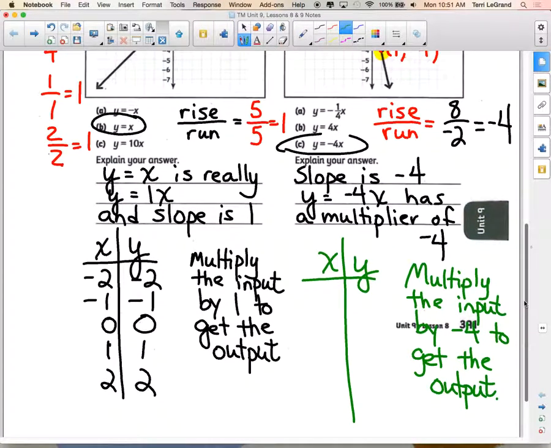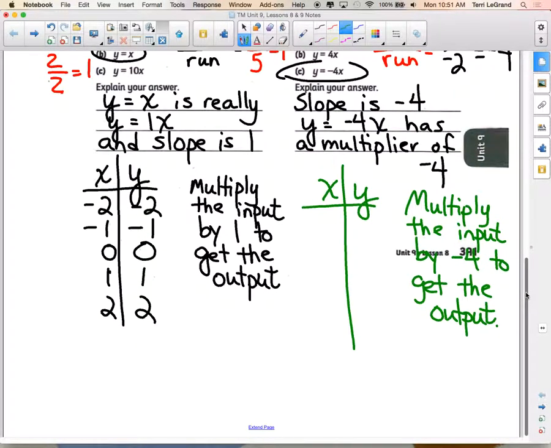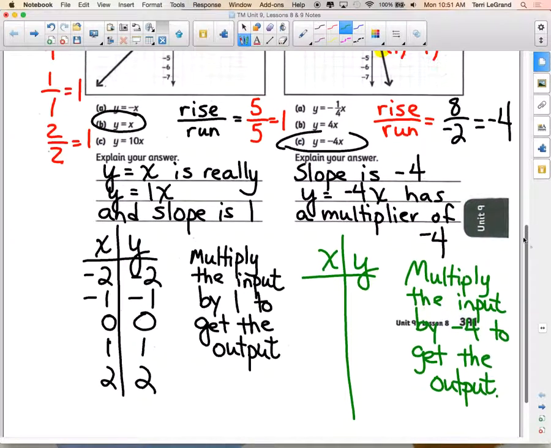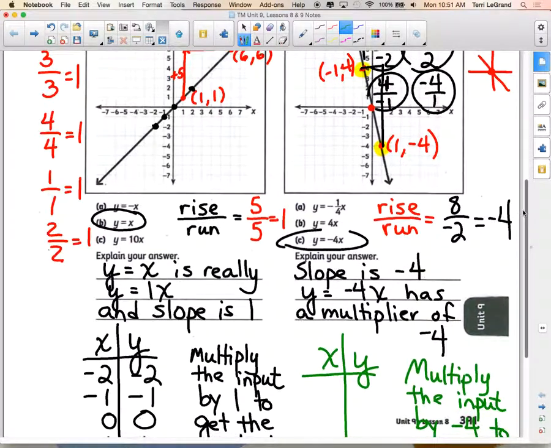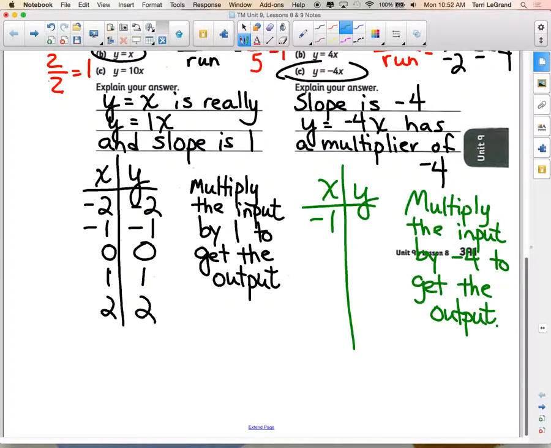So we're going to specifically use those x values from those 3 points that we have identified on our line, okay? So we have the negative 1 x value, we have the 0 x value, and a positive 1. So let's just use those guys this time. What's negative 1 times 4?